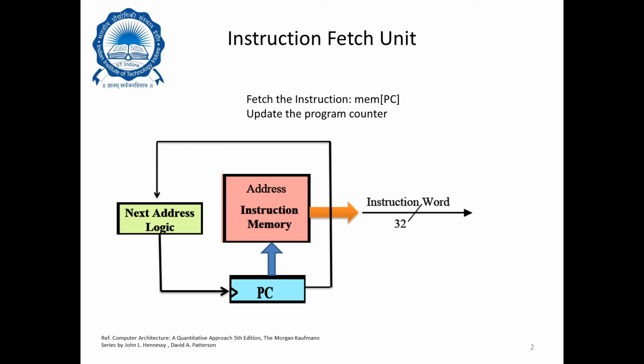We'll build the internal block and circuit for this next address logic also. PC, the program counter, as I explained earlier, is responsible for providing the address for the next instruction, and instruction memory will provide the instruction word, which is 32-bit size.